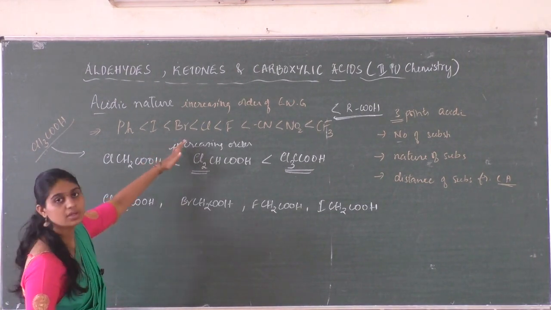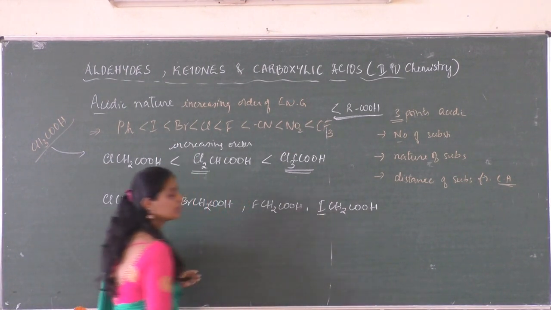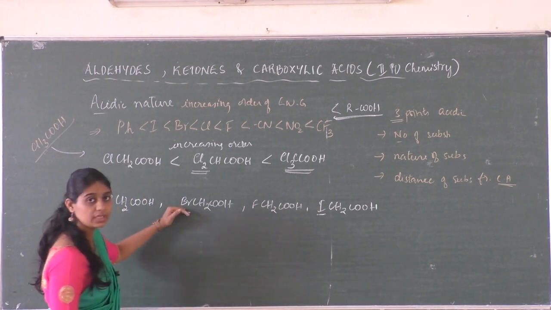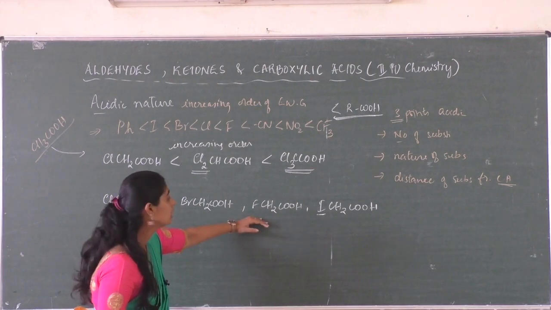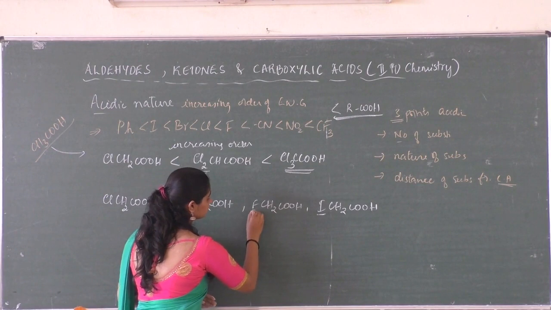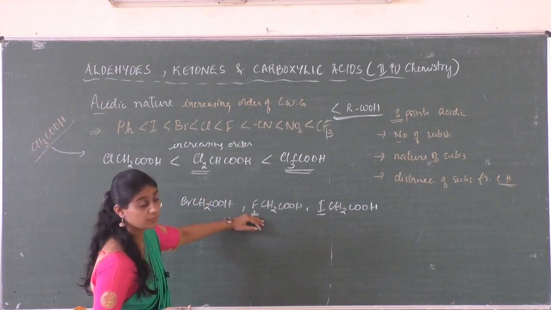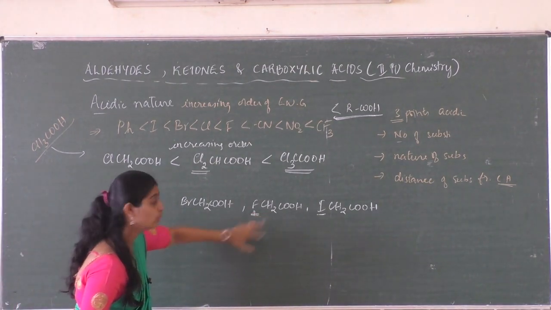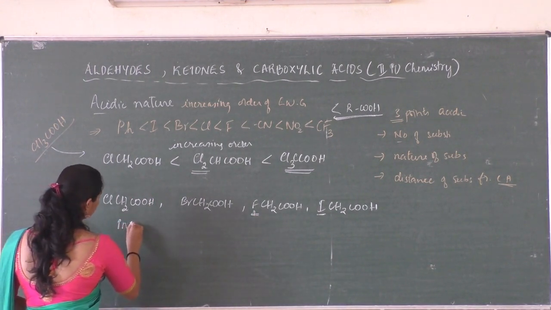We have the priority order: the electronegativity of iodine will be the least comparing to that of bromine and comparing to that of chlorine, and the highest electronegativity will be for fluorine. So therefore the electron withdrawing group effect will be more enhanced in the case of fluorine.